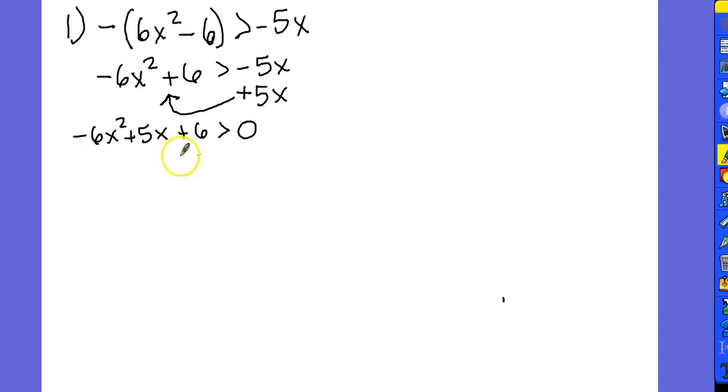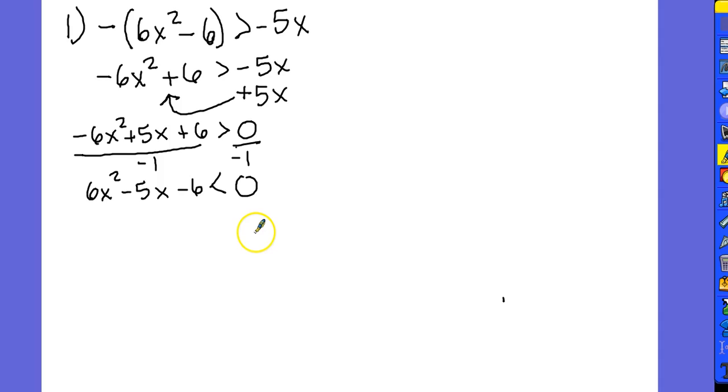As long as we divide everything by -1, we don't change anything, correct? So if we divide this side by -1, and we divide this side by -1, as long as we remember to reverse our inequality, we're in good shape. So that would be 6x squared minus 5x minus 6 is less than 0.